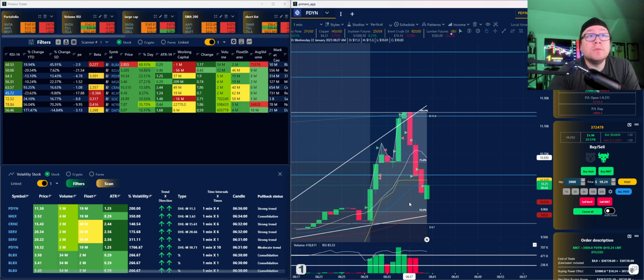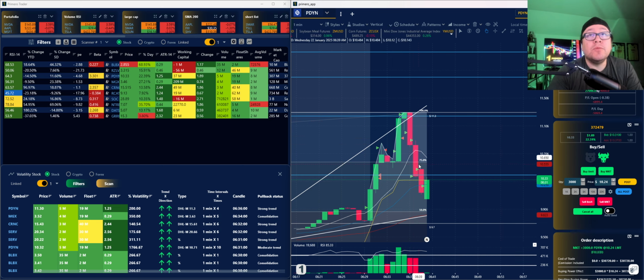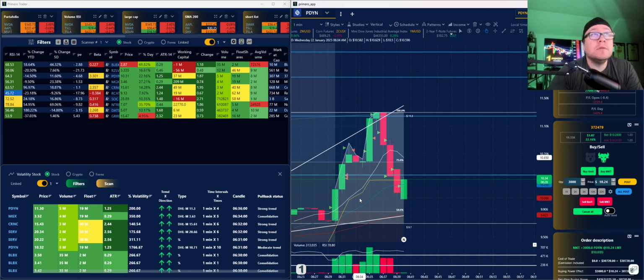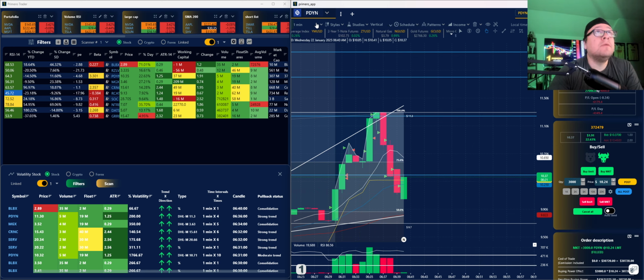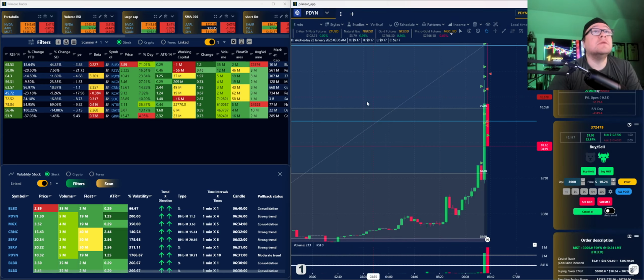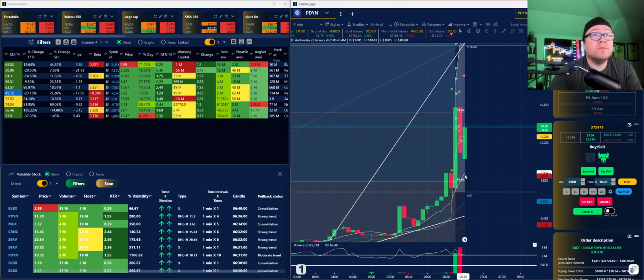So we use the pullbacks to create a big position, with the hope that we're going to get a bounce. We're 35 cents away from our target, or our breaking point, so break even, I mean. We go back to the 5 minutes, and the 9 moving average hasn't been broken, so we're still bullish.